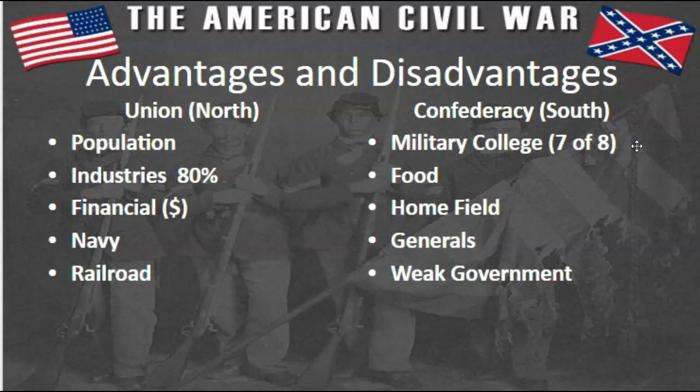Now this one at first could be an advantage, the ability to produce food, and then I'm going to later tell you how it becomes a disadvantage. So at first, the South, known for agriculture, the North was industry, and so the South is producing food. Well, here's the problem. The South could not make the transition.